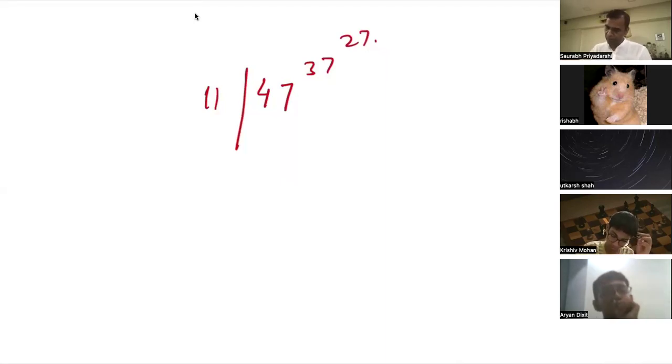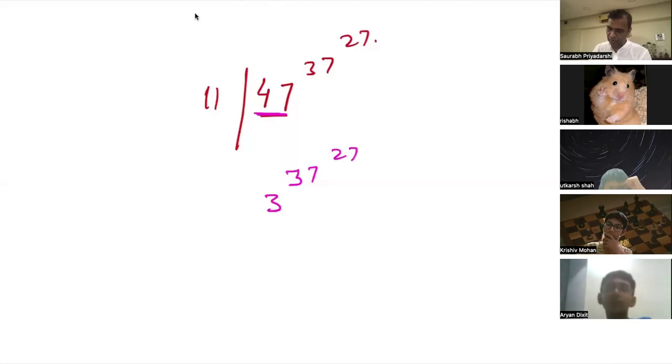See, we know that when I divide 47 by 11, I'm getting 3 to the power 37 to the power 27, right? That I have to find here, exactly 3 to the power. Now I have to concentrate on this.